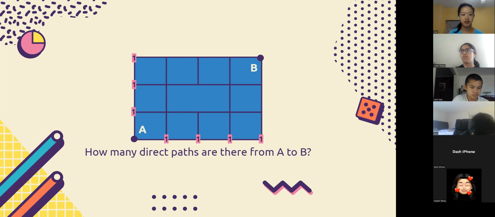The middle one right there would be 1 plus 1, so that'd be 2. Up here would be 1 plus 2, which is 3. Up one more would be 1 plus 3, which is 4. Down there, 2 plus 1 is 3. One to the right, 3 plus 1 is 4. And one to the right, 4 plus 1 is 5.